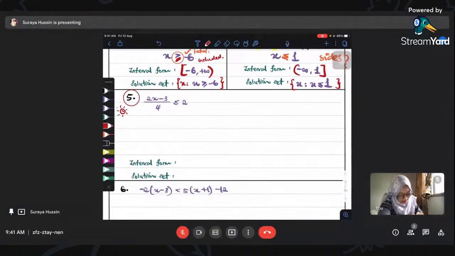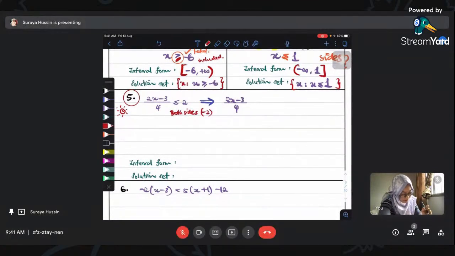Thank you so much. Okay, now 2x minus 3 over 4, cara penulisannya adalah I am trying to bring, nampak. Nak kata bring to the left, oh this is wrong. I should say minus 2 both side. Minus 2 both side.